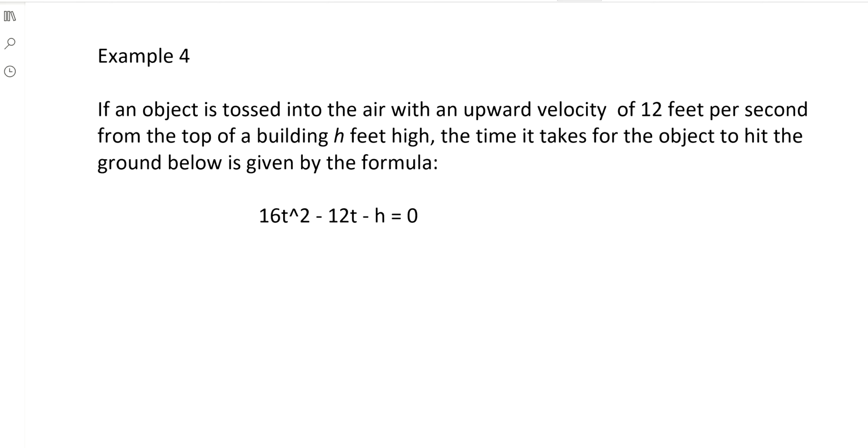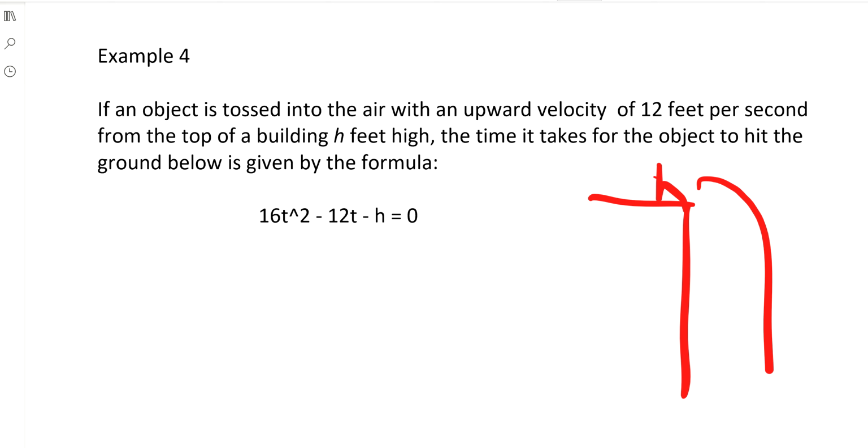All right, here it is. If an object is tossed into the air with an upward velocity of 12 feet per second from the top of a building h feet high, little diagram here. So here's the building. Top of a building is h, the height, whatever that is. The time it takes for the object to hit the ground. All right, here's the ground.